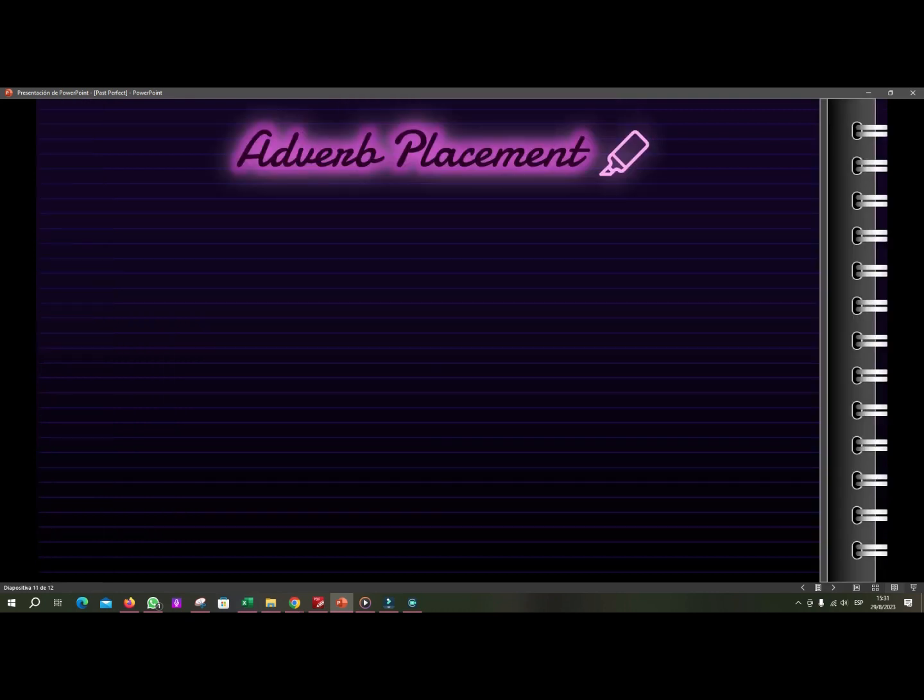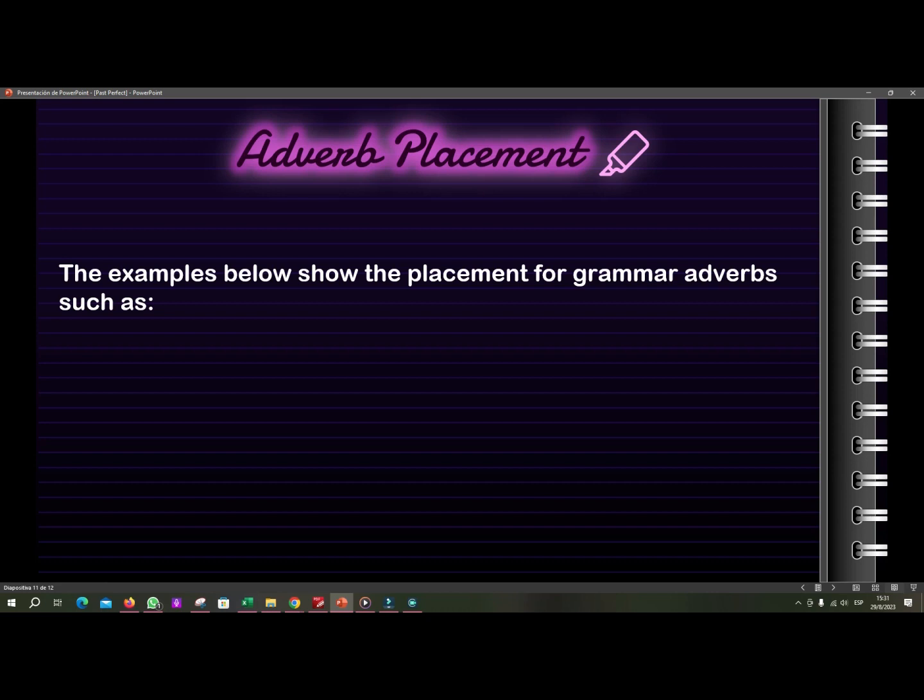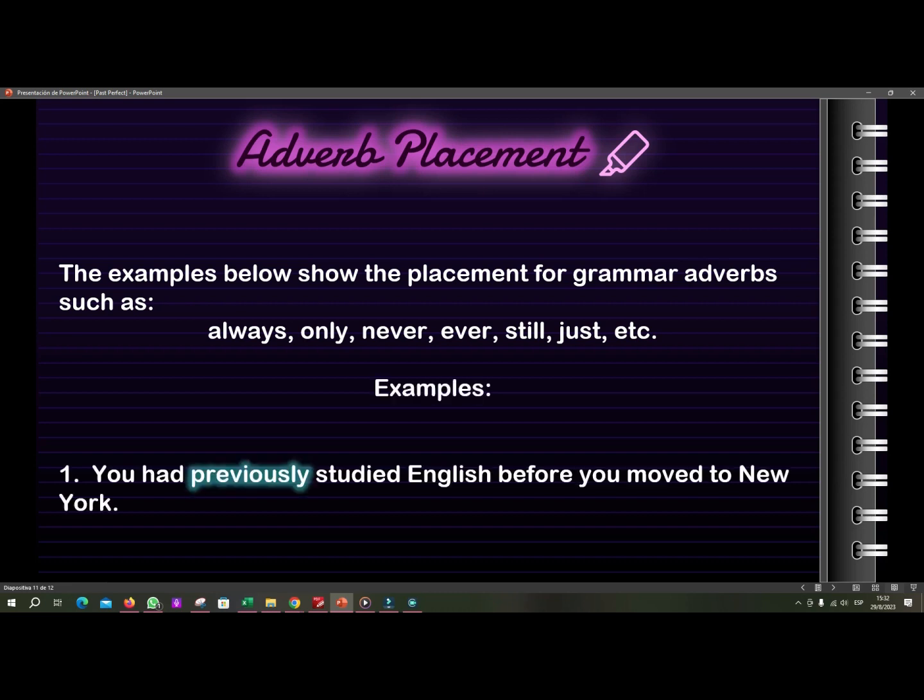Also, we have adverb placement. The examples below show the placement for grammar adverbs. The adverbs can modify an adjective, a verb, and another adverb, right? Remember that. Here you have some adverbs: always, only, never, ever, still, just, etc. There are many adverbs that you can use. For example: you had previously studied English before you moved to New York.